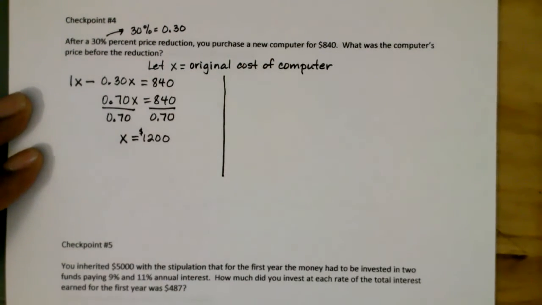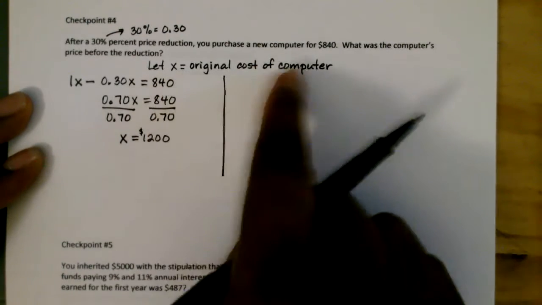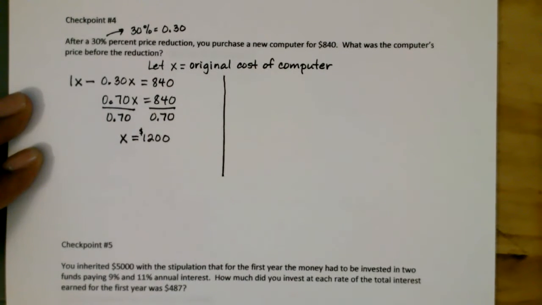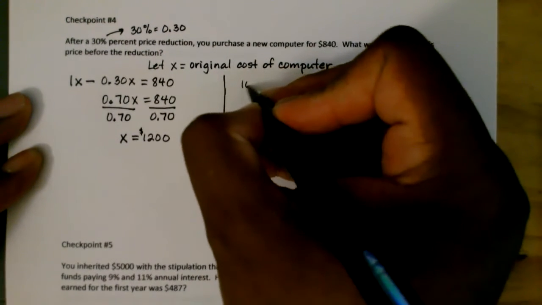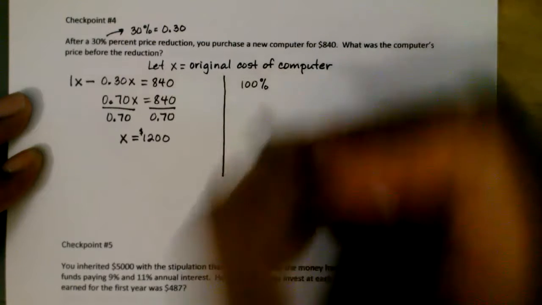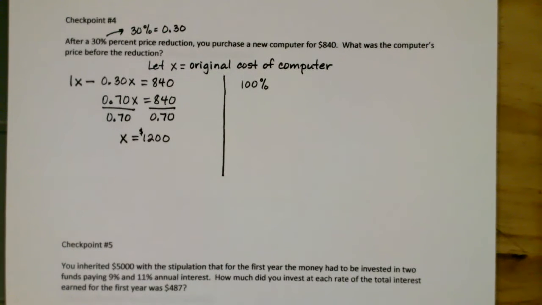Now here's the other way of solving that word problem. I'm still going to let X be the original cost of the computer. But let's think about this. The original cost of the computer is going to be 100%. Because if you were to pay for the computer without that reduction, then you're paying 100% of that cost.